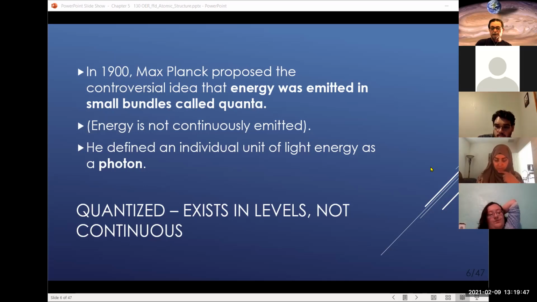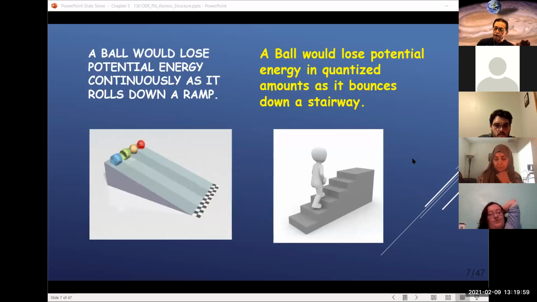Very powerful thing. So his idea was that energy was quantized and they exist in specific energy levels. They were not continuous. So we can look at it as this diagram here. If we look at that image on the left, that would represent energy being all continuous, just a ramp.